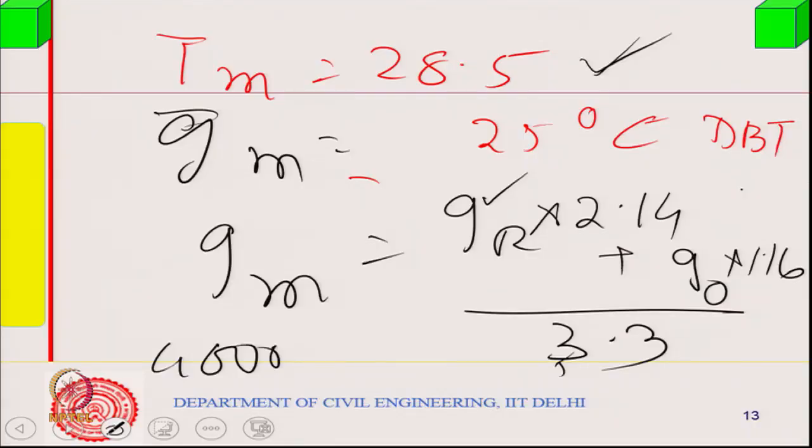Room moisture content is known to me. This must be equal to L, the latent heat of evaporation, which was 2501 kilojoules per kg, multiplied by the mass flow rate I know, that will be 3.3, into Gr minus Gs.